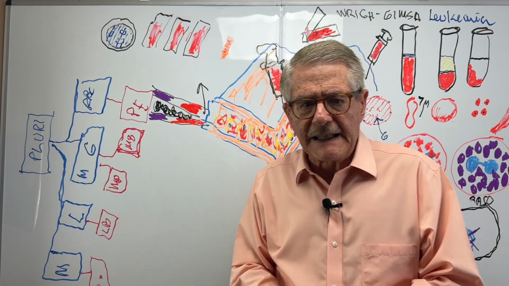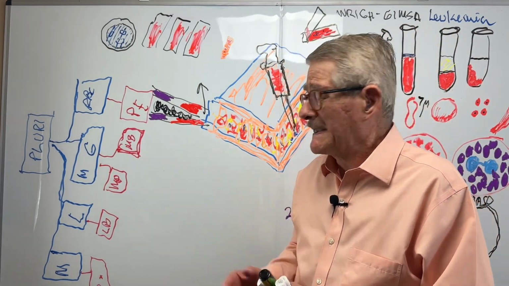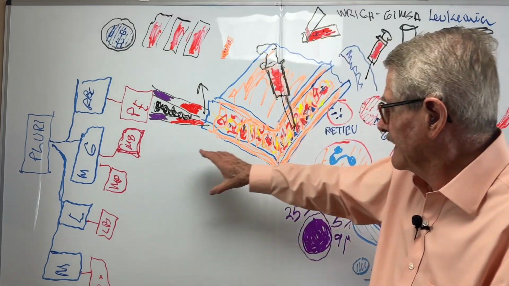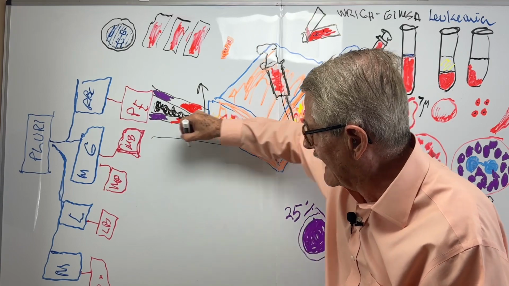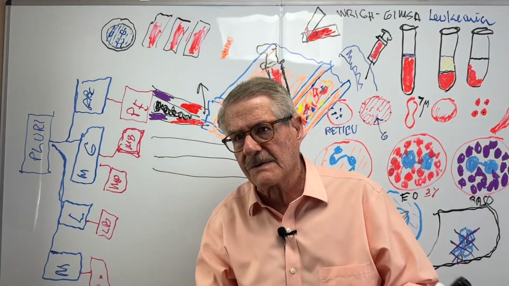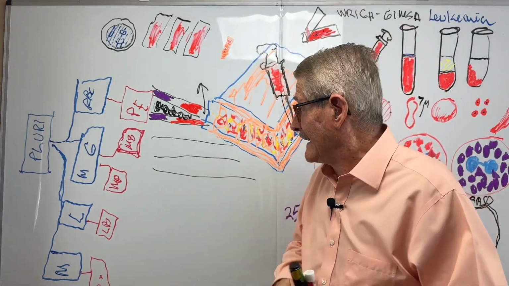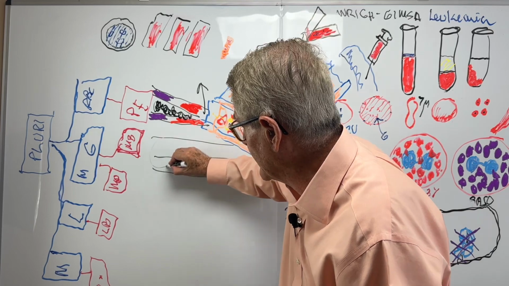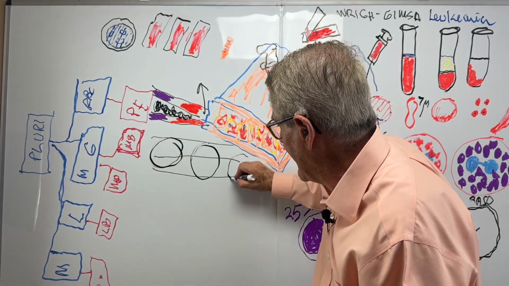So regarding the changes of the granulocytic series, we should take them pretty much as a single cell, in a single fashion. They go from being a promyelocyte, a myelocyte, and a metamyelocyte.